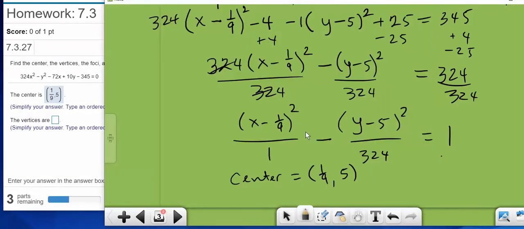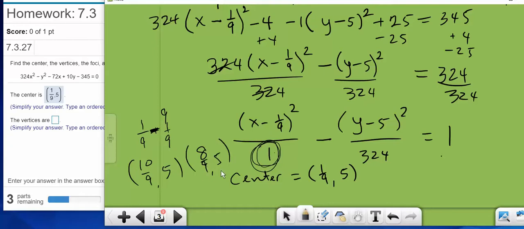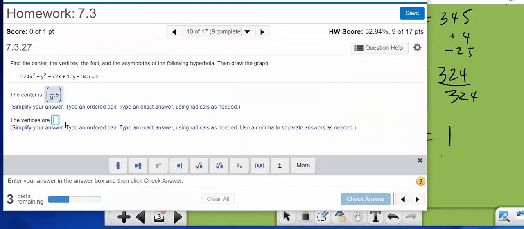Vertices. So remember, vertices is the positive term, this one. And you take the square root of that number, 1, add it, subtract it to whatever variable the positive one is, the first one. So we're going to add it, subtract it to the 1/9. So 1/9 plus 1. So think of it as 9/9. So that's 10/9. So 10/9, 5. And then we're going to do a minus. So 1 minus 9 is negative 8/9. Okay, so that's our two vertices.